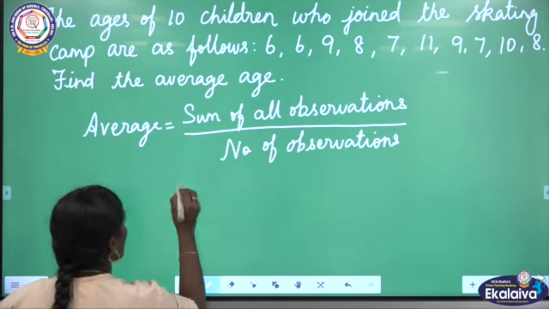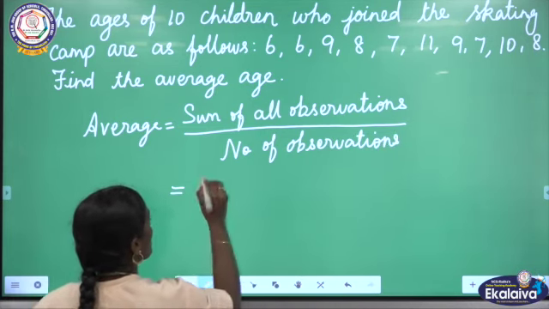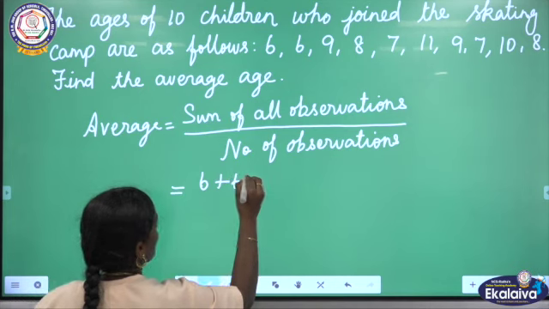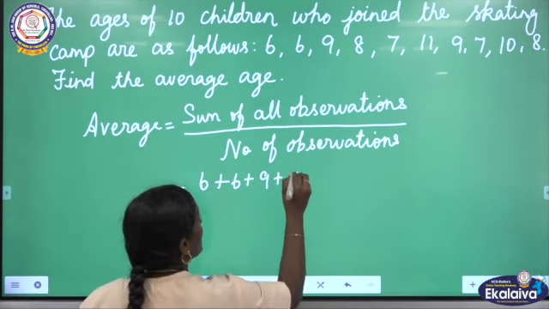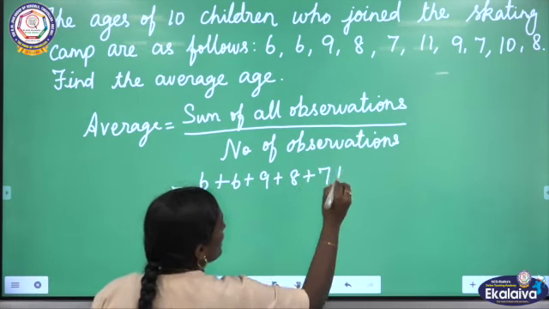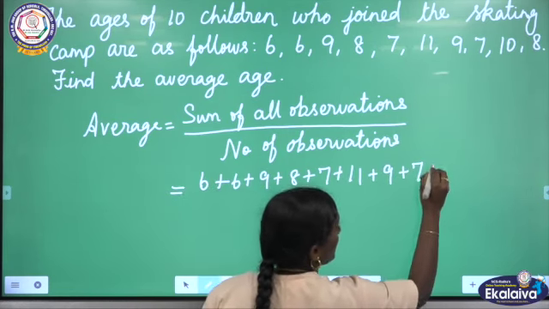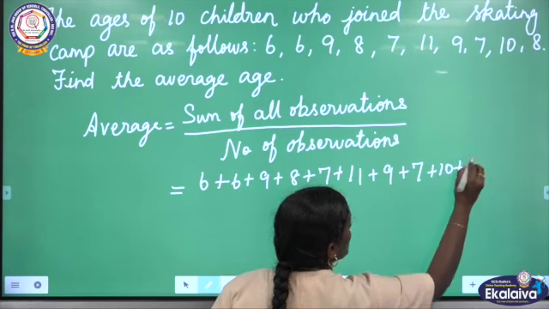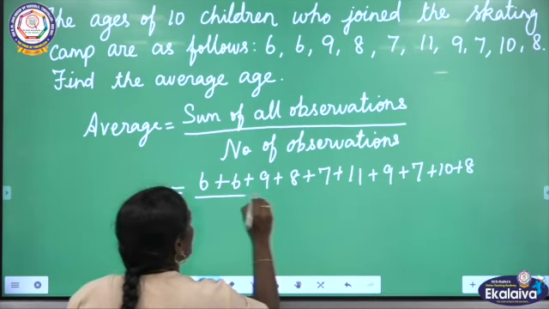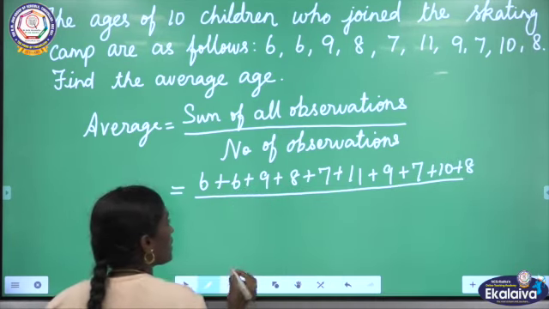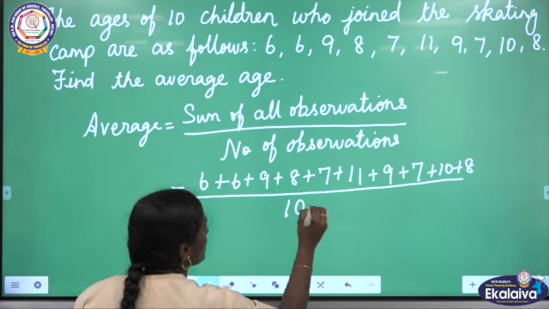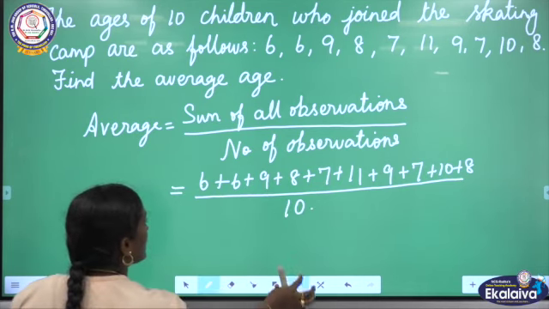Sum of all observations means we have to add the given ages: 6 plus 9 plus 8 plus 7 plus 11 plus 9 plus 7 plus 10 plus 8, divided by number of observations. 10 students' ages are given, so the number of observations is 10.